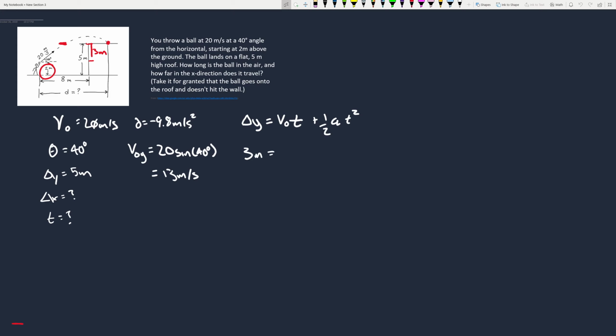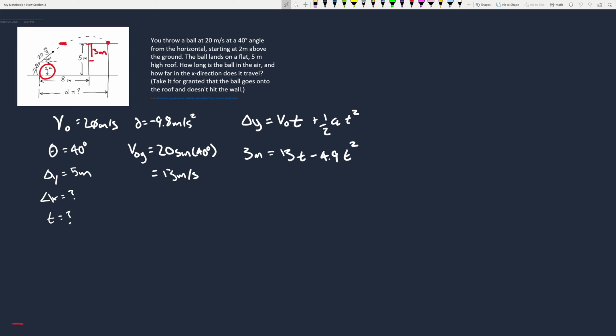Then we take our initial velocity times time, minus, because our acceleration is negative, 4.9 t squared. So what I did here was just simplify our acceleration from 9.8 to 4.9, since we do have that 1/2.